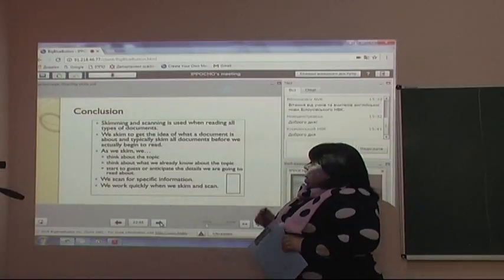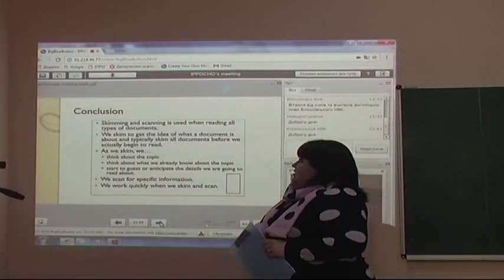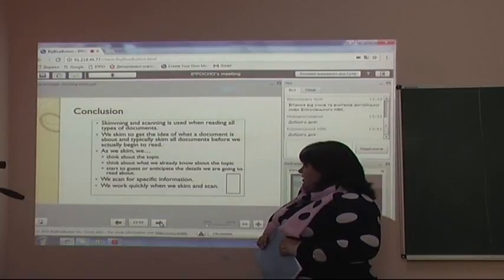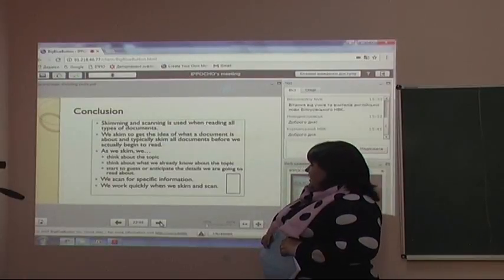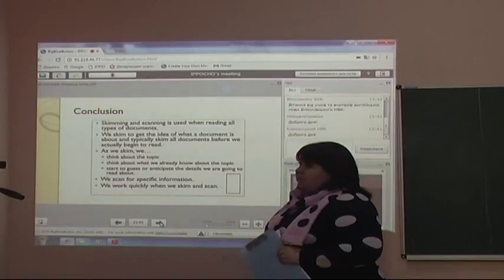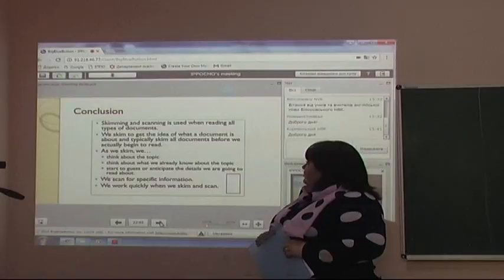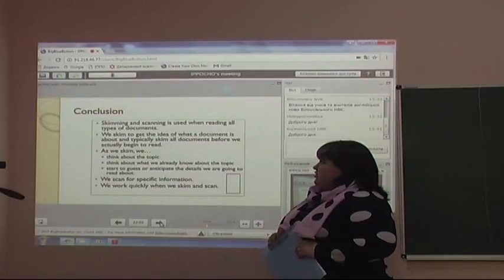And in conclusion, what can we say about skimming or scanning? It is used when reading all types of documents. We skim to get the idea of what the document is about, and typically skim all documents before we actually begin to read.